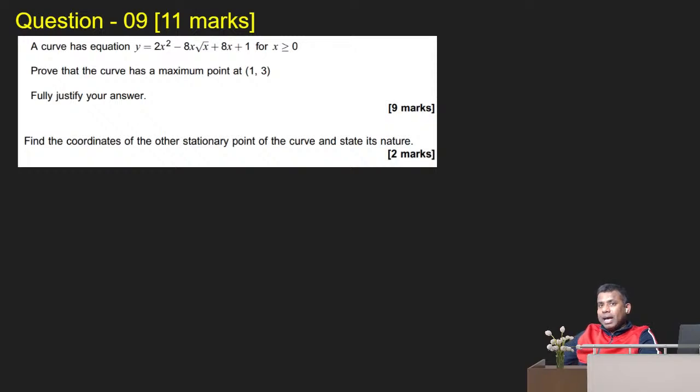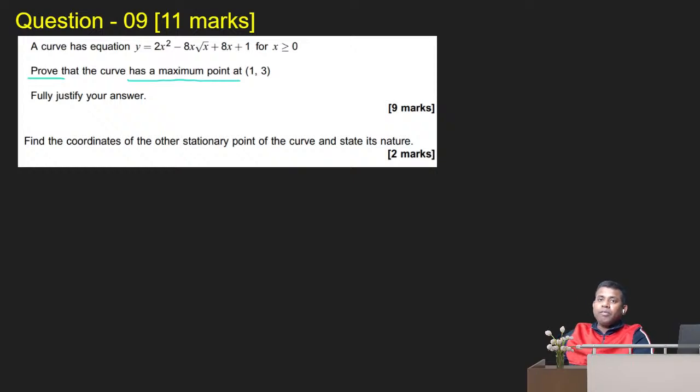You need to understand, prove that the curve has a maximum point. They are not talking about other points. As long as you prove there is a stationary point which is a maximum, as we already studied in the previous question, the second derivative has to be less than 0.